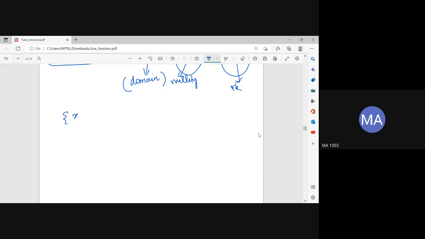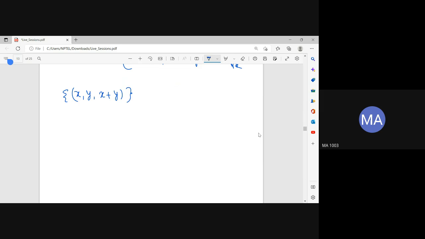But take, for example, I have (x, y, x plus y). Suppose I have this. I can also write this in the way you are saying, as x times (1, 0, 1) plus y times (0, 1, 1).